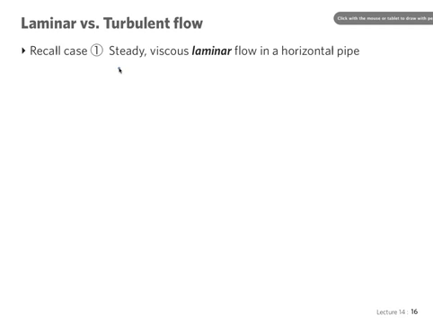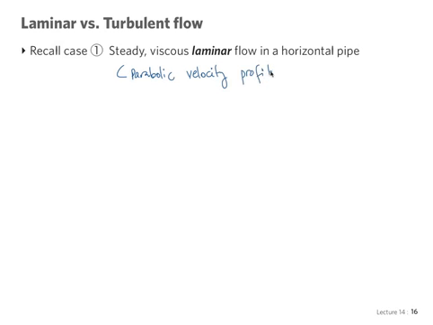That parabolic velocity profile, in fact, for pipe flow, is called Poiseuille flow. This is the name of a French engineer. Poiseuille flow, parabolic velocity profile. It has a shape like that along the pipe.